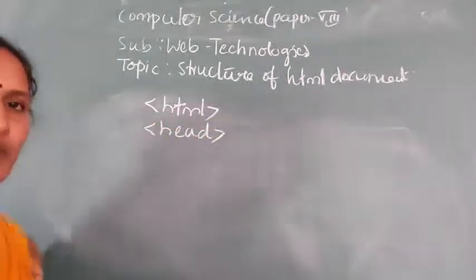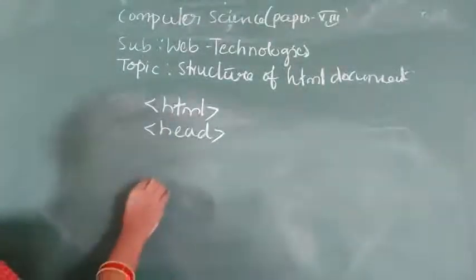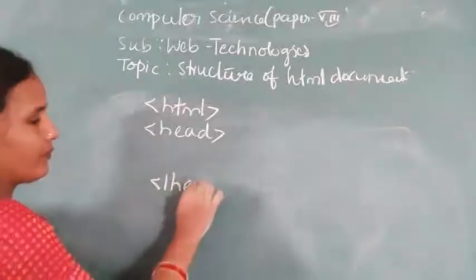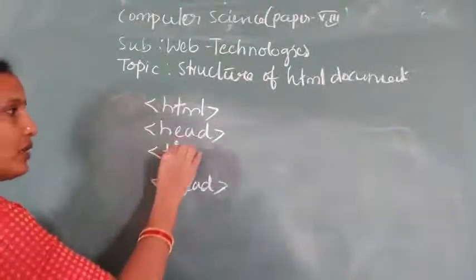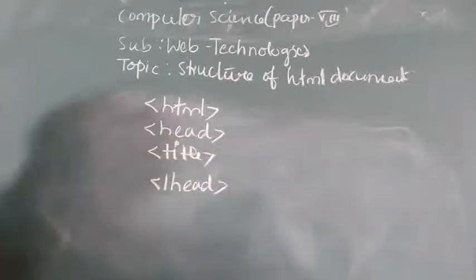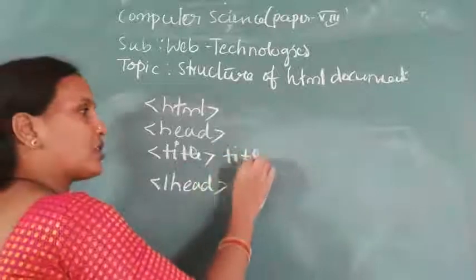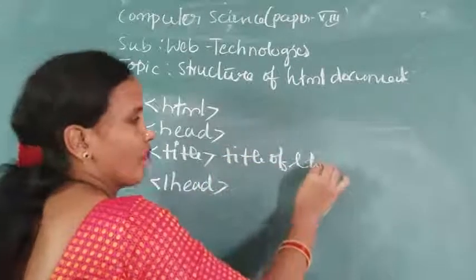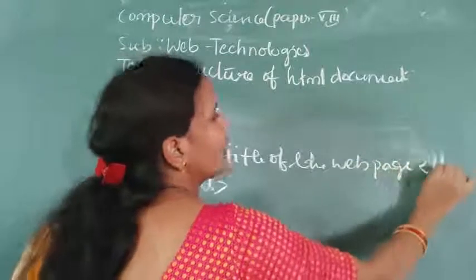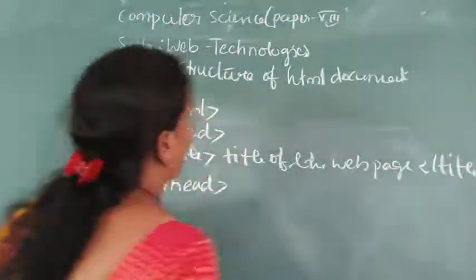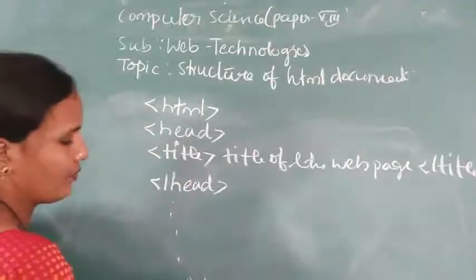The head section starts with the head tag, and it ends with the head closing tag. And inside this we include the title tag, then the title of the web page, then close the title. At last, you close the head section and the HTML section.